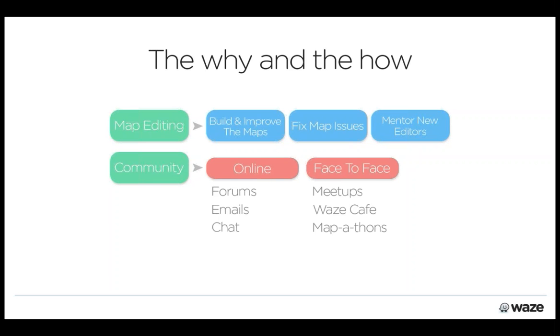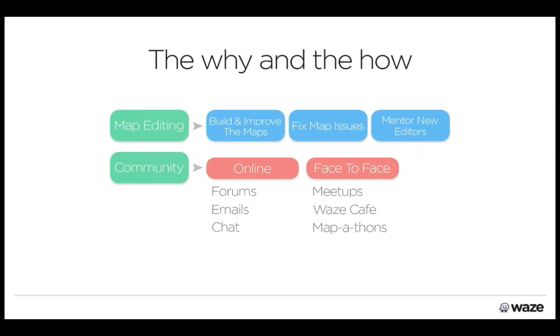Now, fixing map issues actually improves the way that Waze works locally in your area. So it's really important for building and improving the maps and fixing map issues to have the best Waze product locally and to have people who know the local roads fix and edit the maps. And these mentors give back by mentoring new editors. If you're interested in getting a mentor, we'll show you where to do that later on.